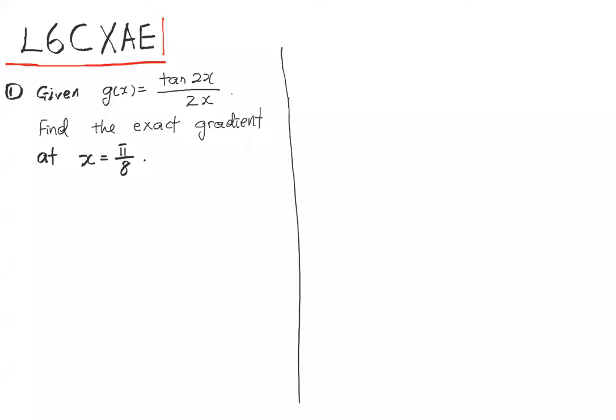To show you how I get the answer, I have to use the quotient rule. So u will be equal to tangent 2x. So u prime: everyone, you should have it in your notes that when you differentiate tangent, you get secant.